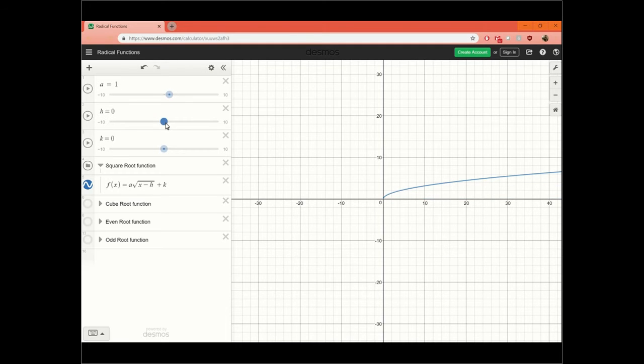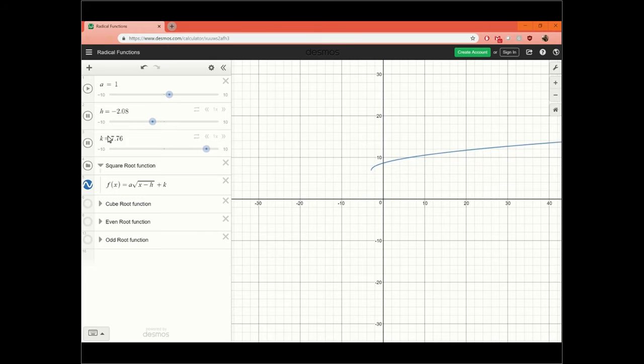Just like we would expect for a quadratic, this H and K are just going to shift along the horizontal, and vertically. We can see as these two are moving, it's just going to move where we're starting from.